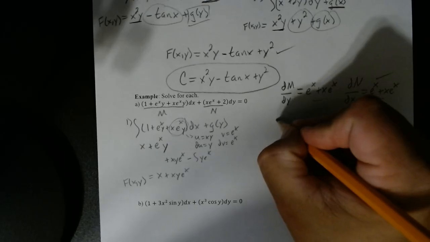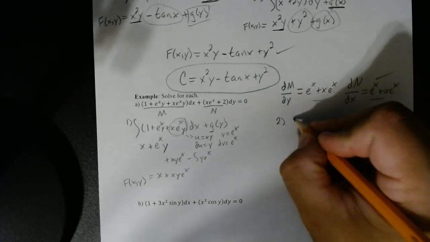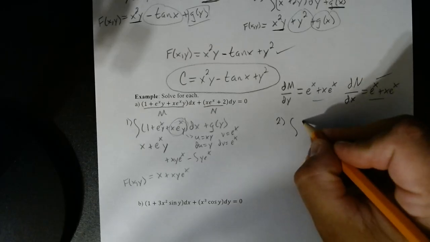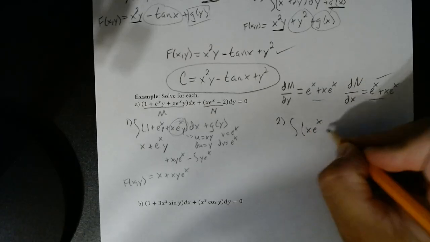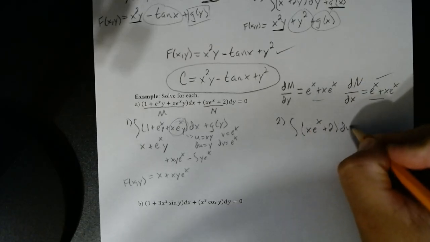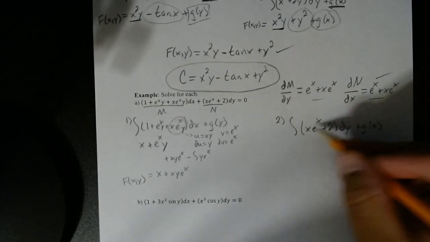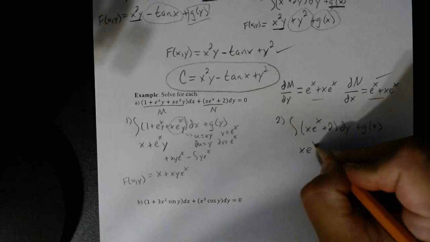So on the other side, the integral is actually much easier to deal with, especially since we're taking the integral with respect to y. So we just add on a y to all of these.